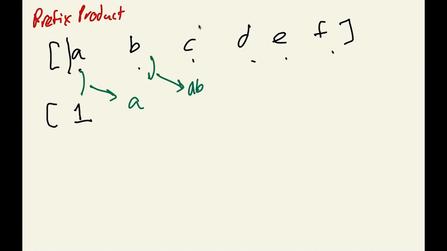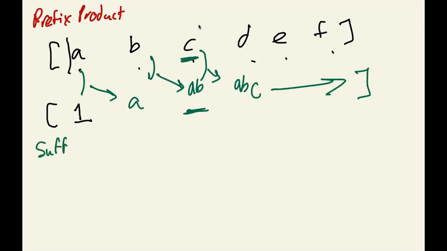For people on Zoom or in the recording who didn't hear, what he said is we can solve the prefix problem by simply taking the previous value in the prefix array and the previous value in the actual number array and multiplying those together to get the prefix product. As we go through, this gives us an array of all prefixes. Now for a suffix, there is a slight change to how we would want to do it.